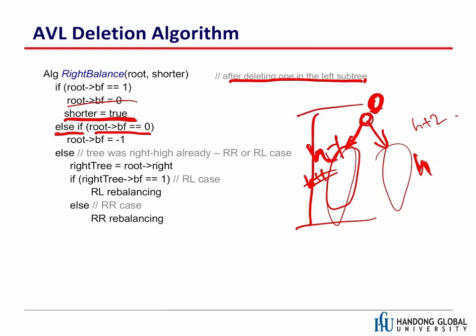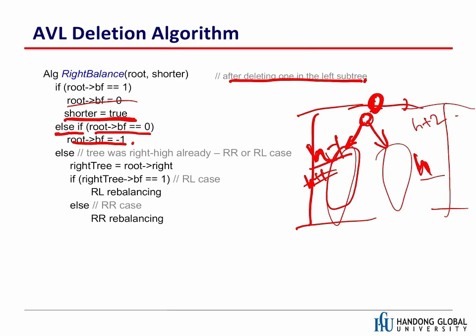So BF of the root node should be minus 1, because h minus 1 minus h is minus 1. Good. But shorter is not true because we didn't change the height of this subtree. Originally it was h plus 1 and now it is still h plus 1. We didn't change the height of this subtree, so shorter is not true.